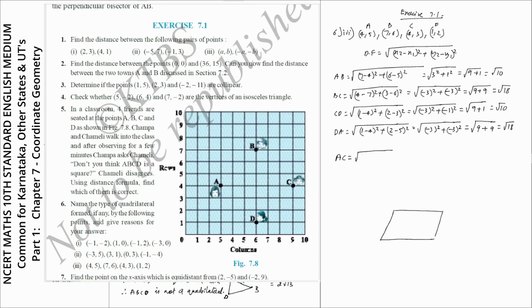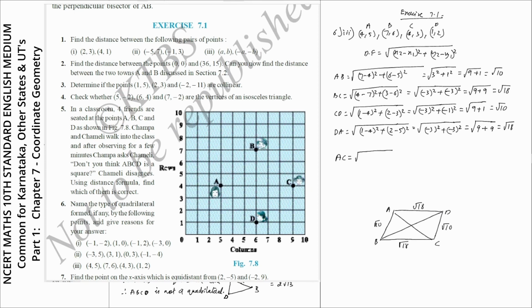So this is something like this: A B C D. So AB is root of 10, BC is root of 18, and CD is root of 10, and AD I got root of 18. So it's a parallelogram. So there's no need to check the length of AC and DB. So without checking the length of the diagonal, we can safely conclude that it's a parallelogram. But anyway, we'll check it.